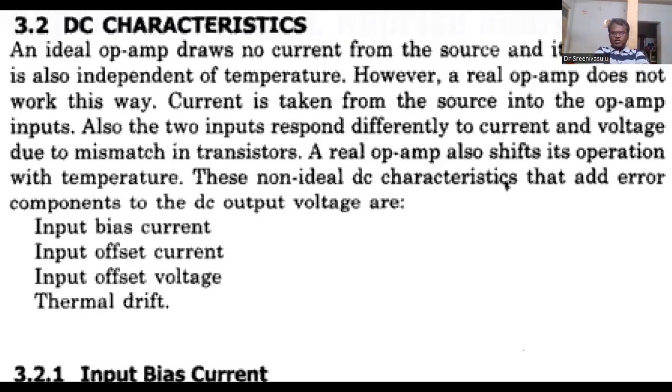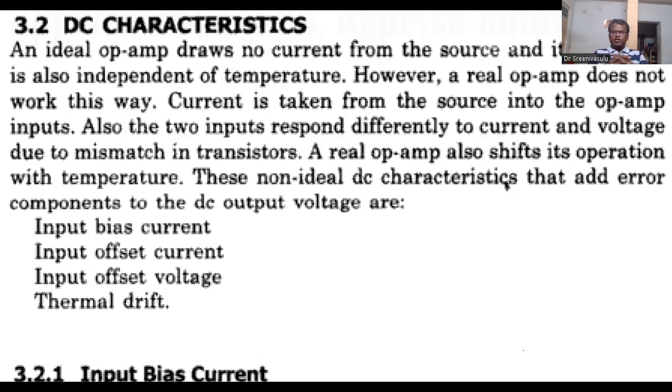So this transistor always takes some current and responds differently to currents and voltages. It also depends upon temperature, because the transistor parameters, beta, leakage current, VBE, all depend upon the temperature. So the real op-amp acts differently from an ideal op-amp.